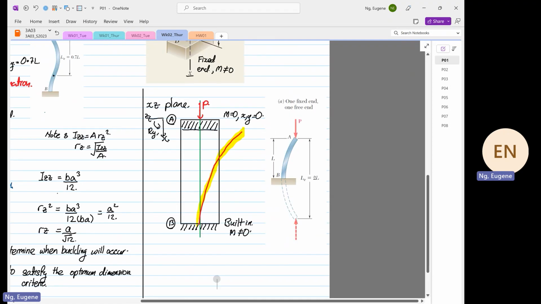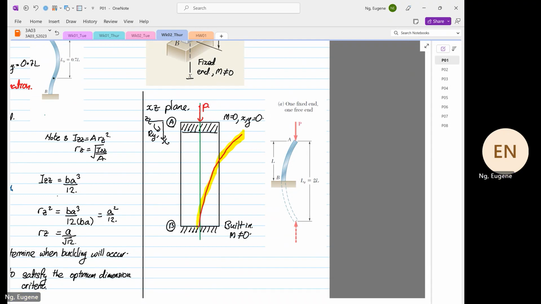So for this case, our LE on XZ plane is equal to 2L. And the rotation is about the YY axis.